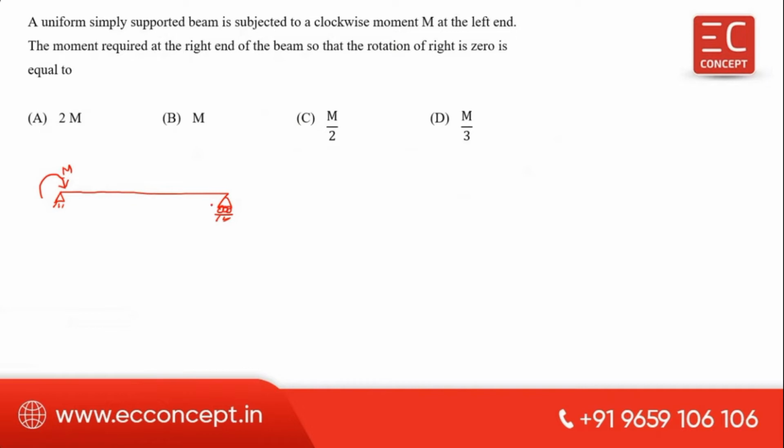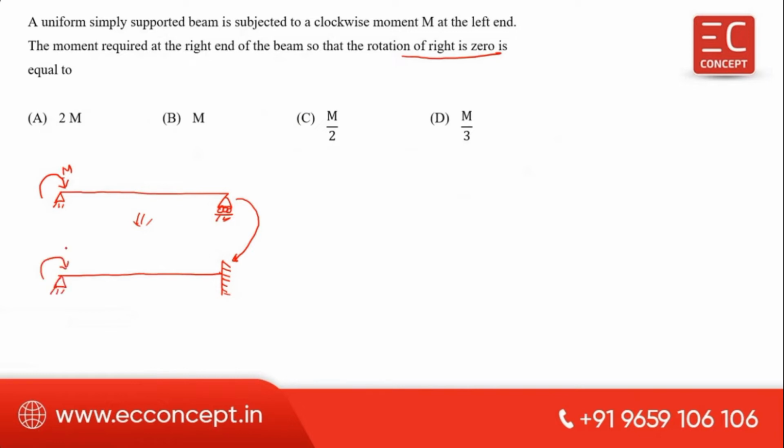So if the rotation at right is 0, then we can convert this beam as something like that. Rotation is 0, which kind of support? Having the rotation 0, fixed support. So because of this given, you have to convert this roller support into fixed support. Why? Because the question said that at this point, the rotation is equal to 0. And this end is as it is.